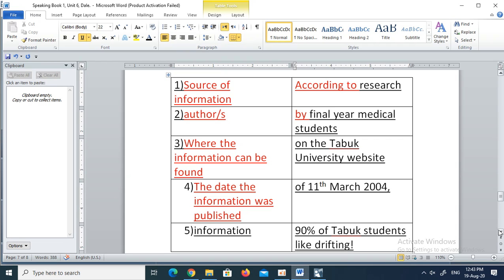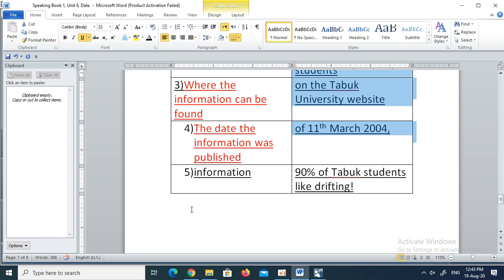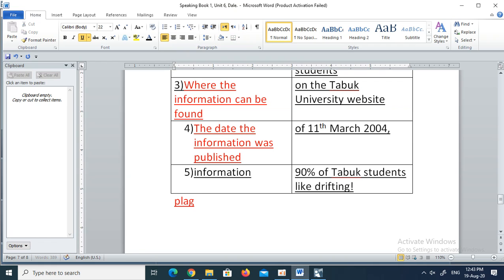Because if I don't tell you all of that information here, then I have plagiarized their research. I have stolen their research from them. Okay. To plagiarize just means to steal.